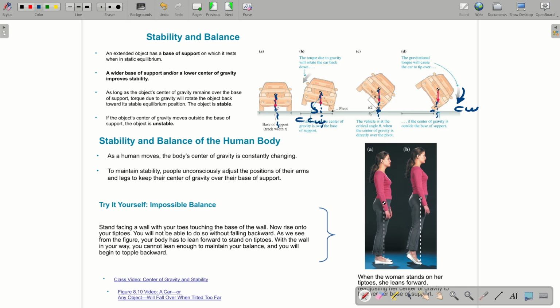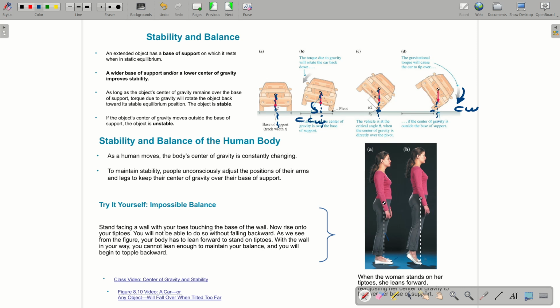Same goes for a human. If we are standing on our feet, we are nice and stable because we have two stationary points, and overall our center of gravity line passes through our feet. If we tiptoe, we break that.